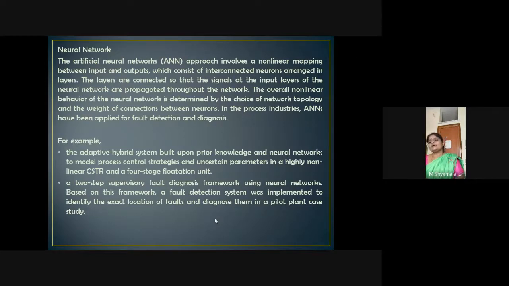So in that case, artificial intelligence is more and more used. This is widely used nowadays in entire research areas. Another example is a two-step supervisory fault diagnosis framework using neural networks. Based on this framework, a fault detection system was implemented to identify the exact location of a fault and diagnose it in a pilot plant case study.